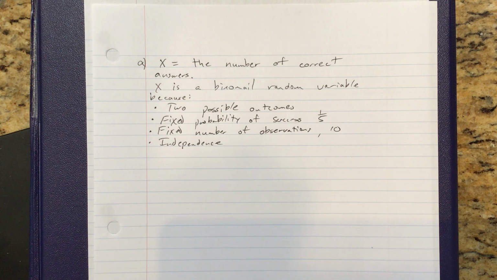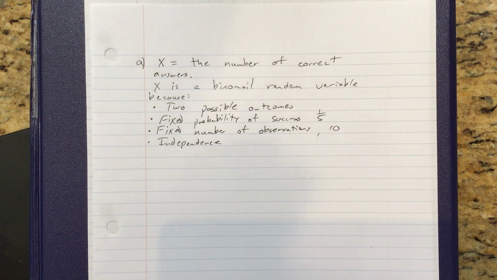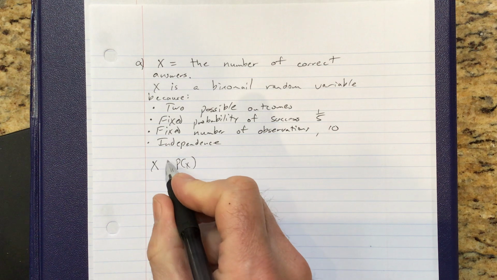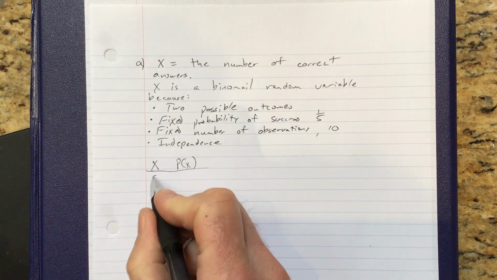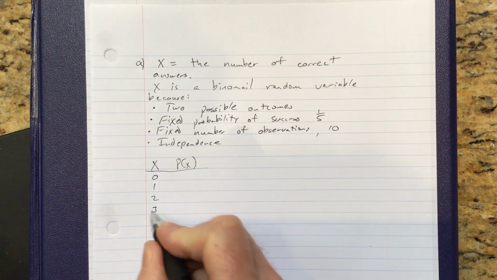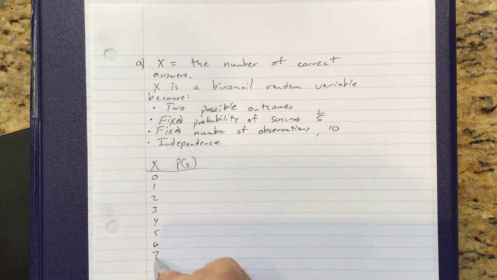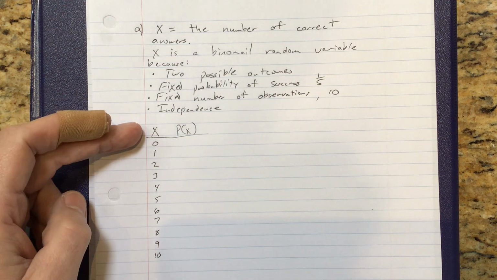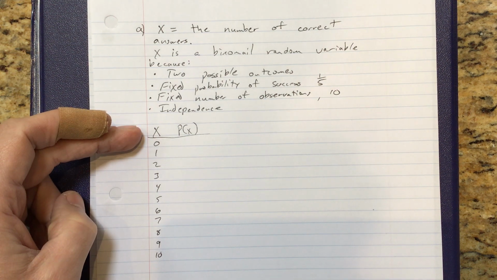Okay, and then determine the probability distribution. So I guess we could do this by hand, right? X, P of X. Remember, since it's binomial, we could see 0 correct answers, right?